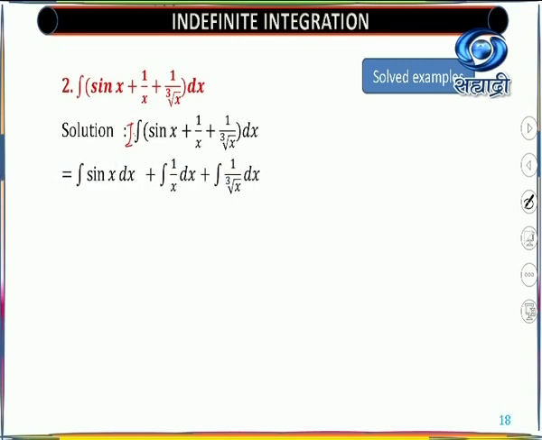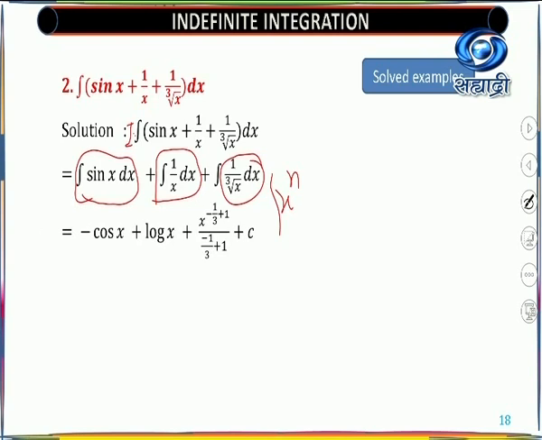So it is a separation, so integration of sin x dx plus integration of 1 upon x dx plus integration of 1 upon cube root of x dx. This I have already solved in the example which I explained for x raised to n. Now you know this is a direct formula, this one is also a direct formula. So what is the integration of sin x?